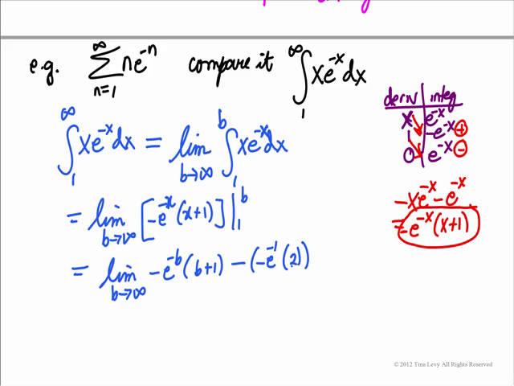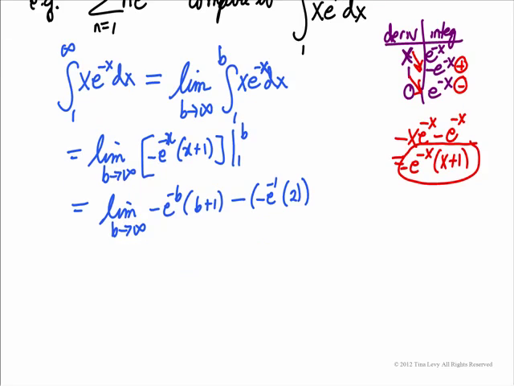And now working this through, since b is positive infinity, I like that because now I can put e to the b below. This becomes the limit as b approaches infinity of negative b plus 1 over e to the b, plus 2 over e.